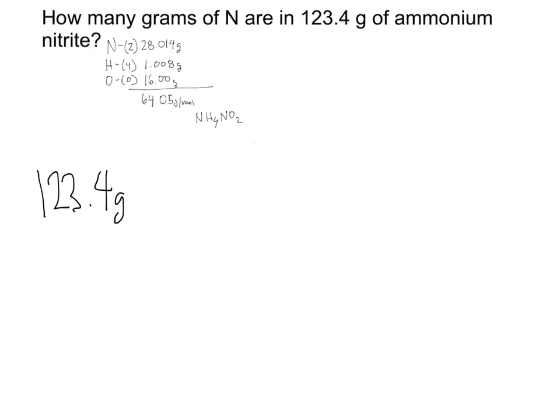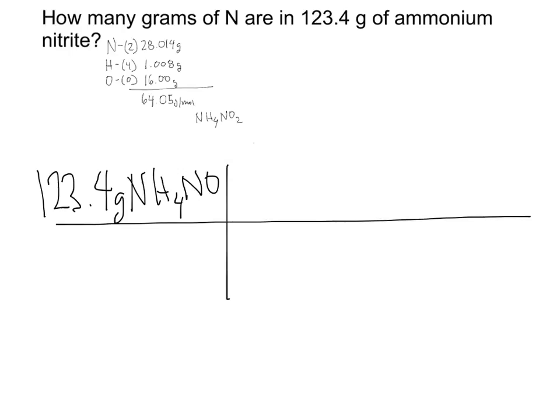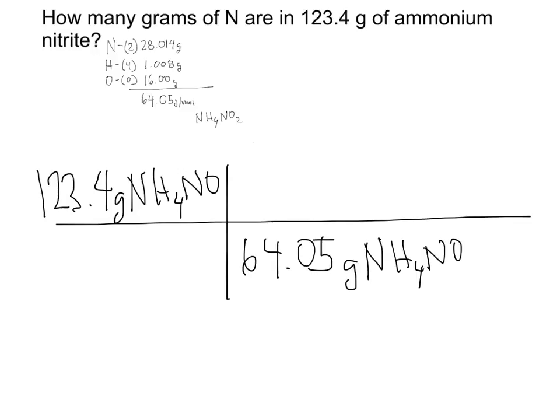123.4 grams of NH4NO2, and we're going to convert this into moles. So we're going to use our molar mass of ammonium nitrite, which is 64.05 grams of NH4NO2.